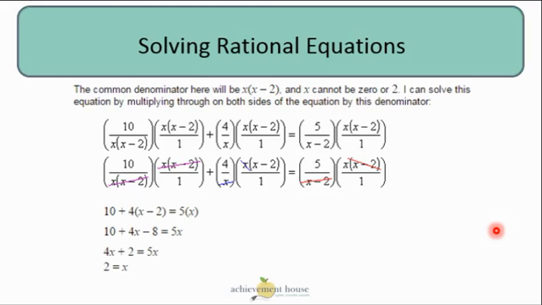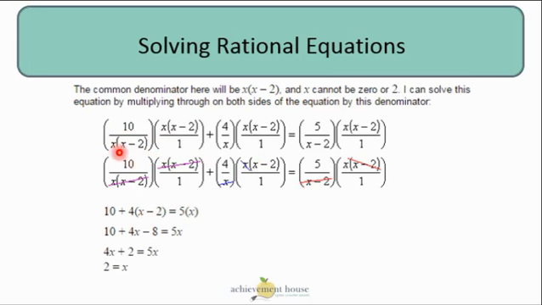So I'm finding the smallest common denominator, and I'm multiplying both sides of the equation by the common denominator. And what that's going to do is cancel out all of the factors. The reason why this is the common denominator is because it's the least common multiple of all the denominators.